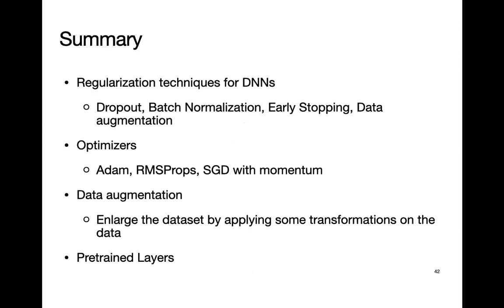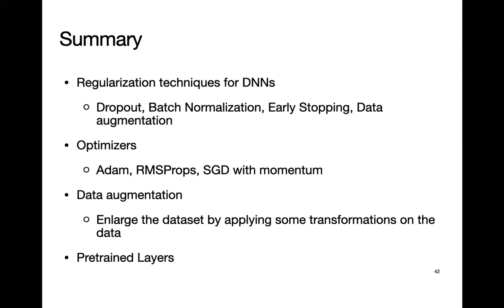Batch normalization is used to speed up the training, stabilize your training, and also add some regularization. Early stopping: sometimes your model starts overfitting, but you want to save the model that provided the best performance on your validation set, so you get back to the parameters at that time.